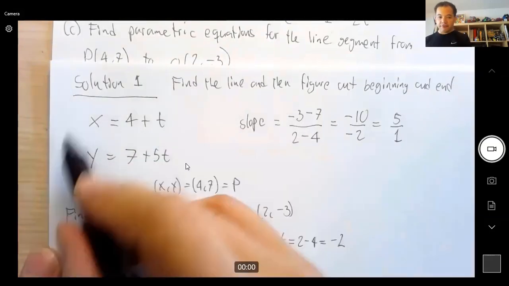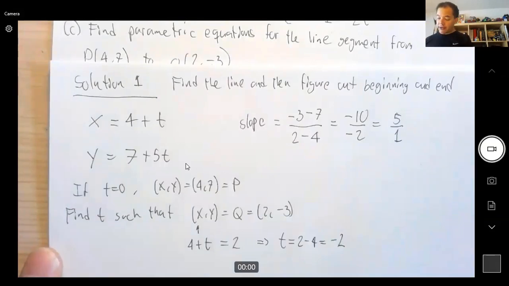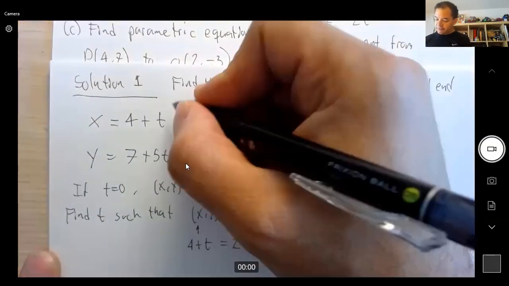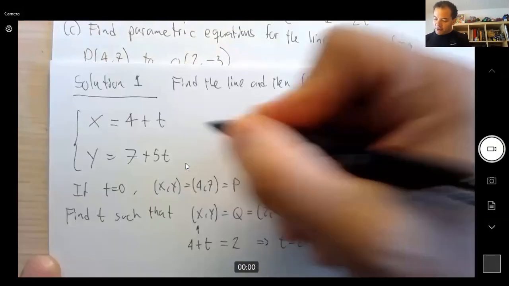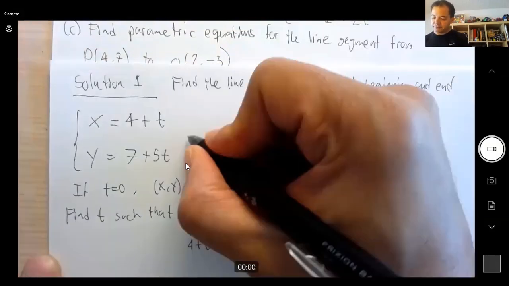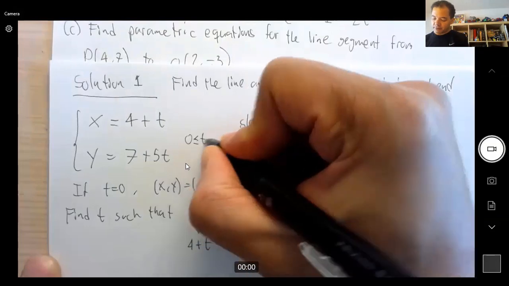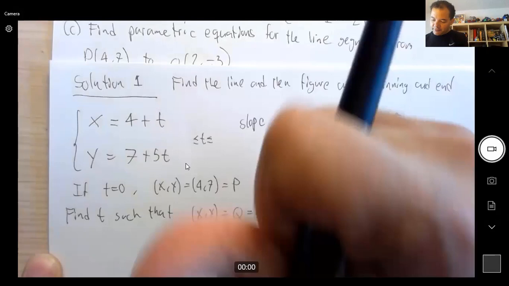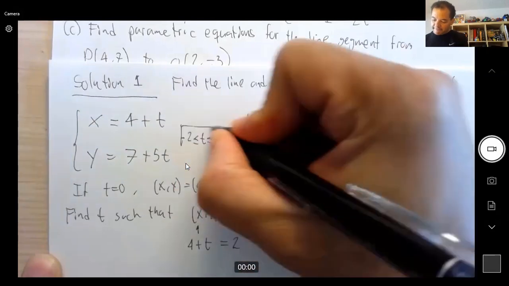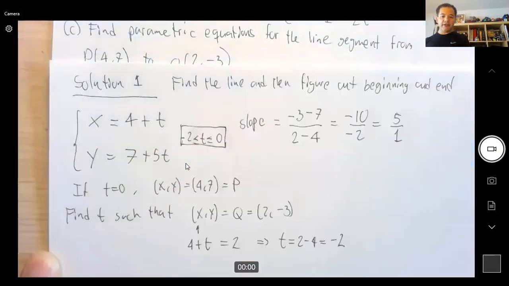So this one over here will be what I want. And all I need is for t to be between 0 and -2, so -2 to 0. All right, is that clear? That's how we do it.